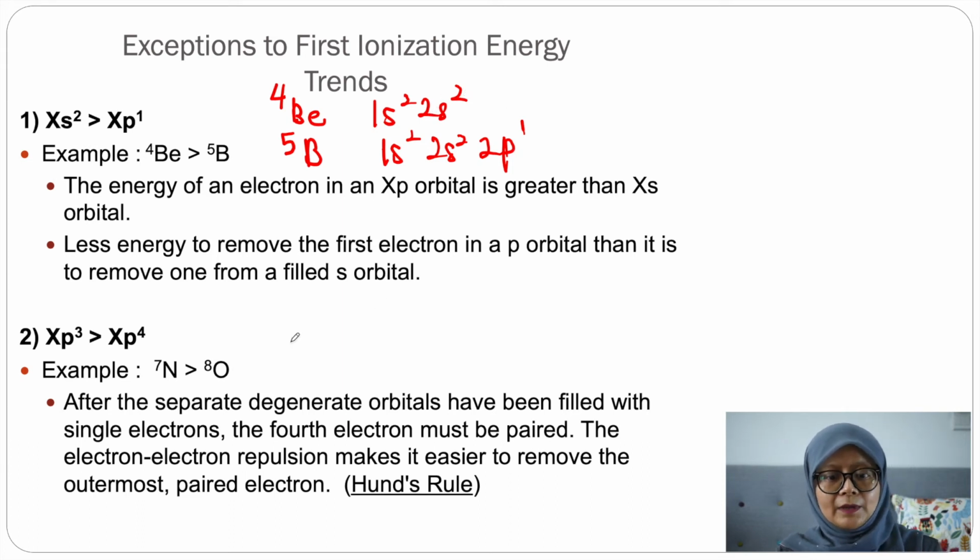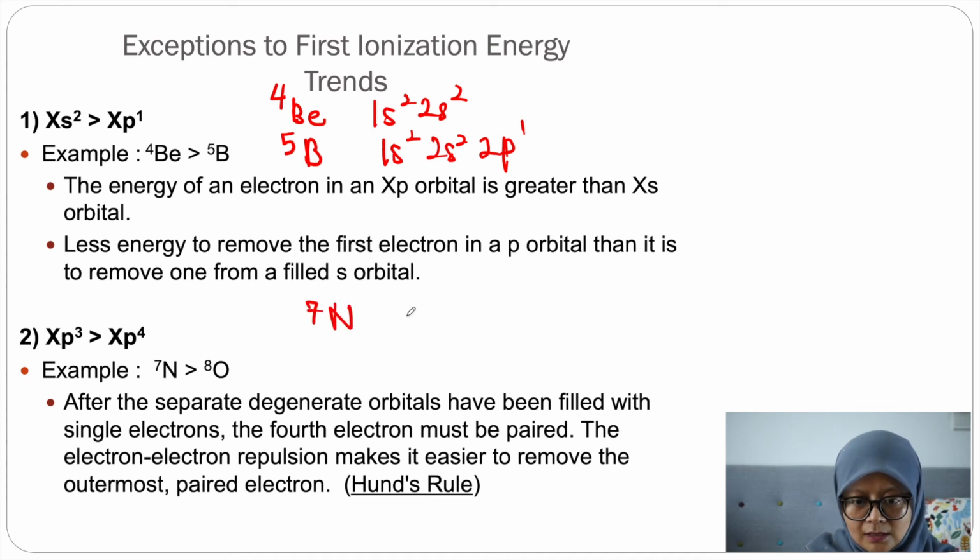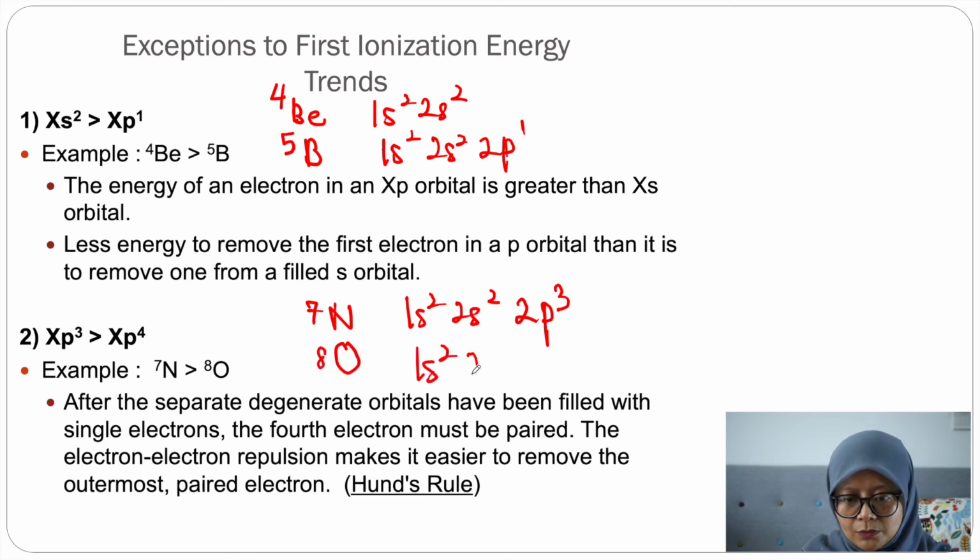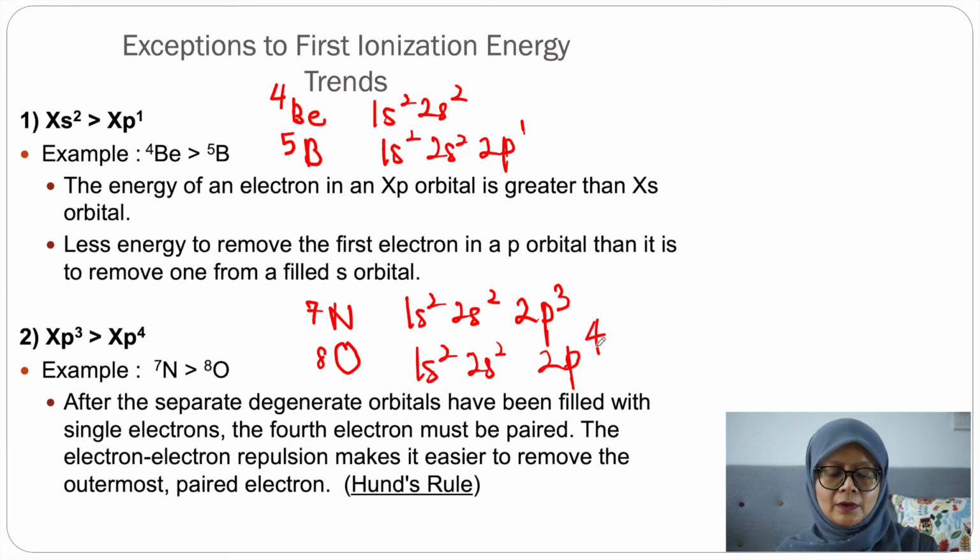Then the second exception is nitrogen and oxygen. Nitrogen, 7, is 1s2, 2s2, 2p3, and oxygen, 8, is 1s2, 2s2, 2p4. In this case it is easier to remove one electron from oxygen compared to nitrogen. Why?